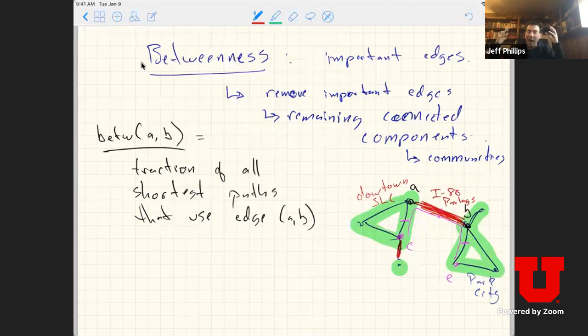So those are high betweenness edges. When I want to route something, it approximately finds the shortest path based on some measure of not just distance, but the busyness, which is estimated online. And edges which get used a lot have high betweenness. Those are really important edges. So this is an important notion, and then I can find communities by cutting these edges.